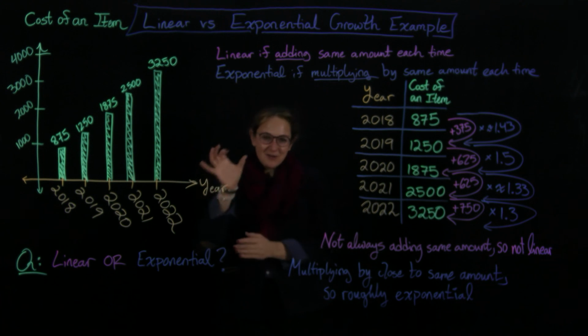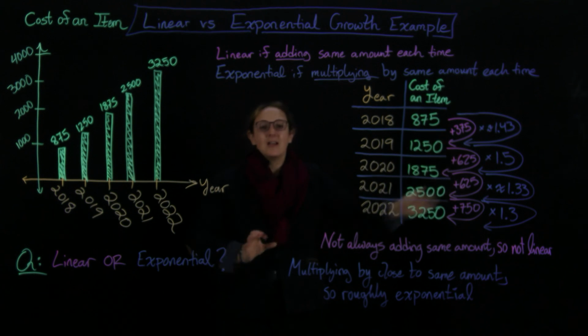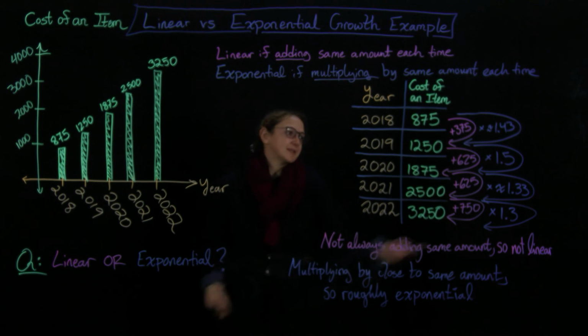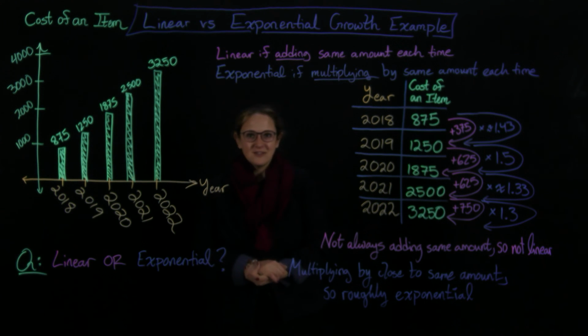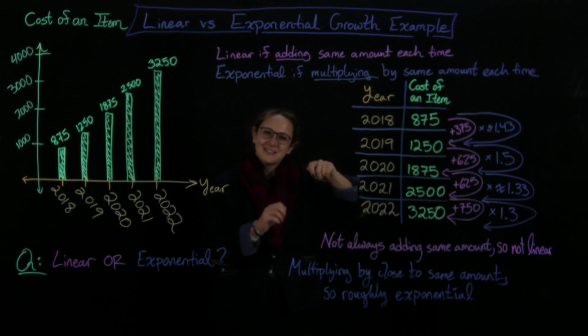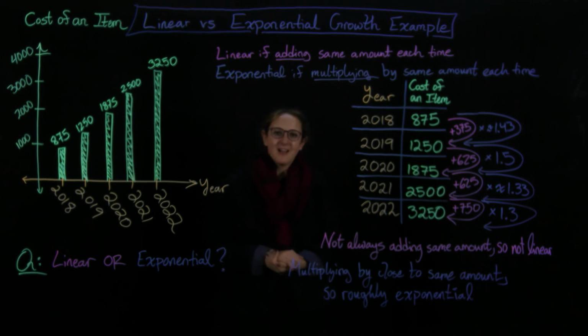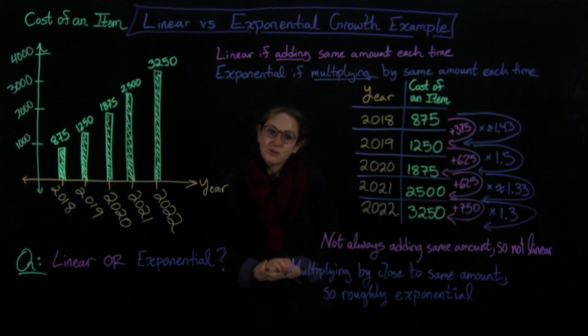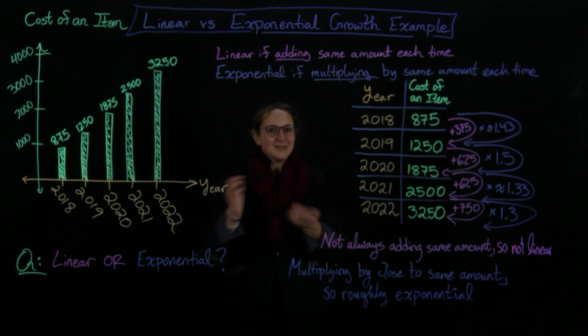But if for each same amount in your input, you're multiplying by the same amount in your output, then you're exponential. And it's going to be something to the t or whatever, which is going to give you your growth. I hope that made some sense, and I will see you in the next lecture.